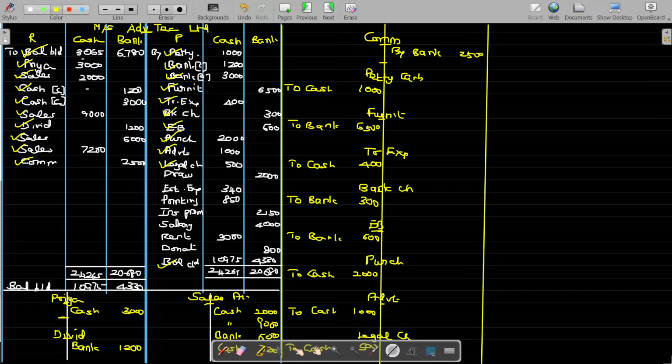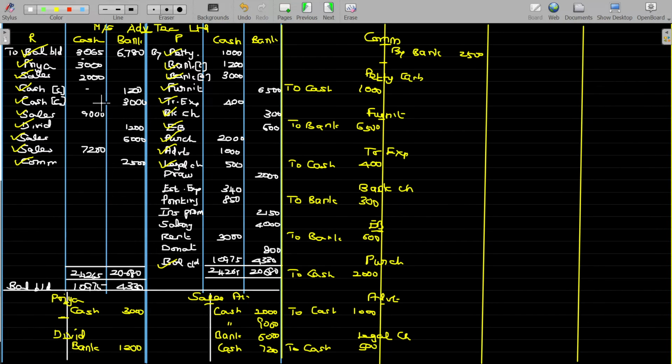Still we have further accounts. Now, drawings. I open a new account called drawings here. In the debit side, to bank, this value being 2000.